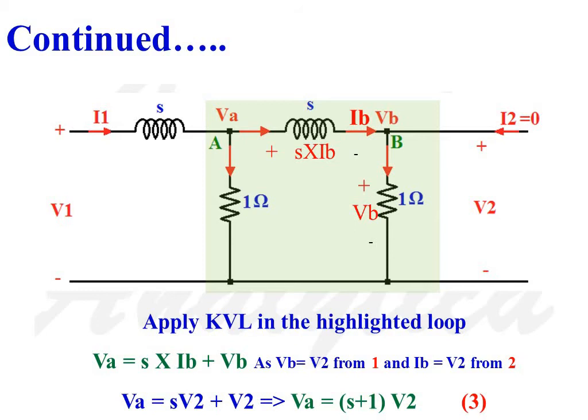Apply KVL in the highlighted loop. We can write VA is equal to S into IB plus VB, where S into IB is the voltage drop across the inductor of value S. As VB is equal to V2 and as IB is equal to V2, we can write VA is equal to S into V2 plus V2.